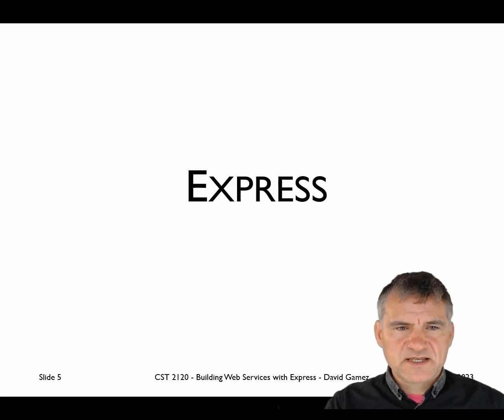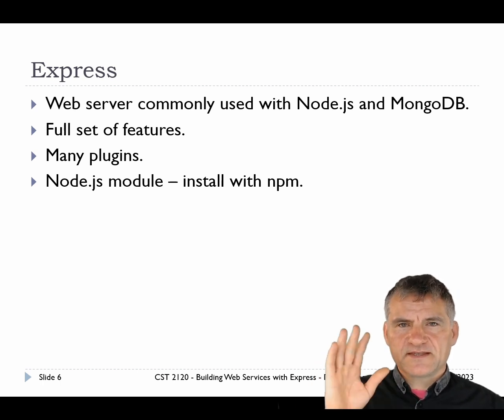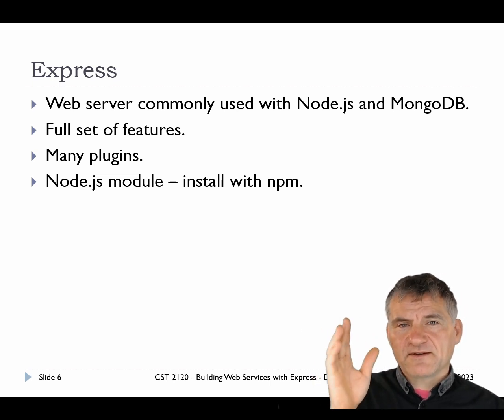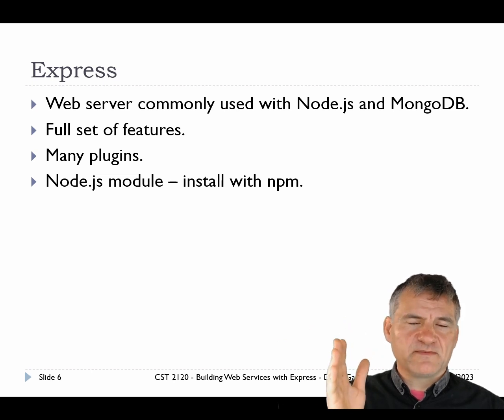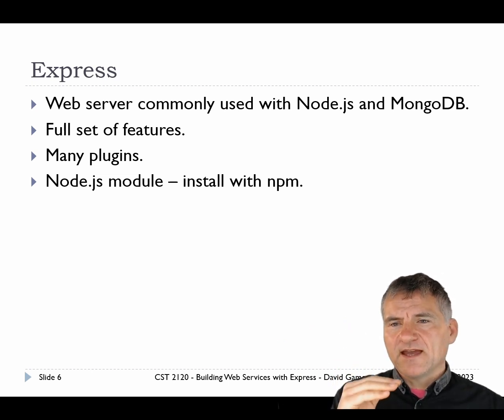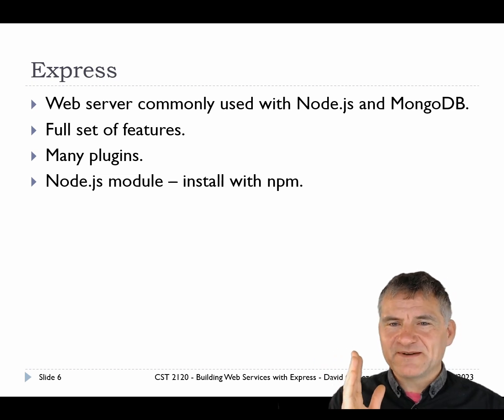Okay, so let's start with Express. It's a web server, and it's very commonly used with Node.js and MongoDB. There's this idea of the LAMP stack, which is Linux, Apache, MySQL, and PHP, which was used for web development for about 10 years or so, and then it fell out of favor a little bit, partly because not everyone likes PHP, including myself.